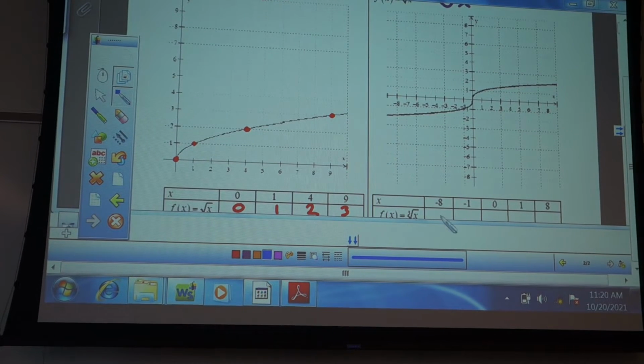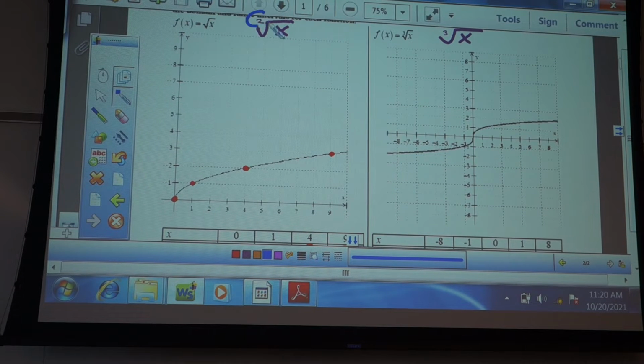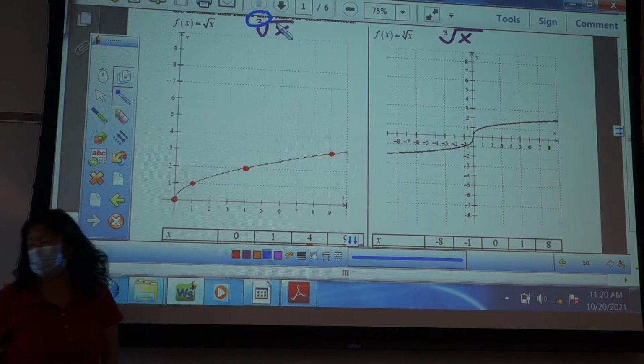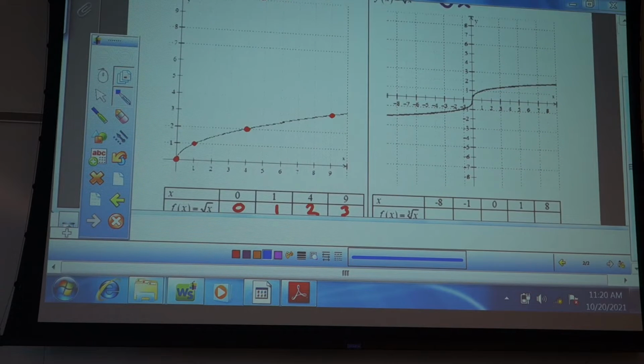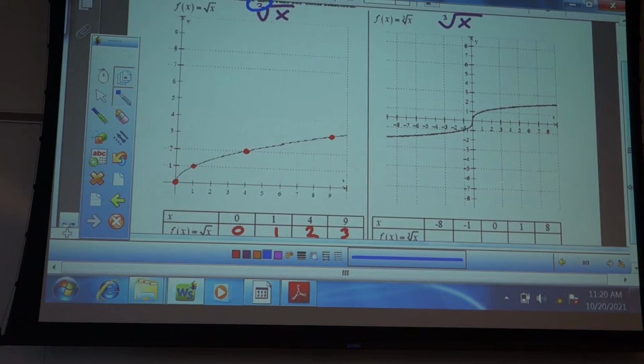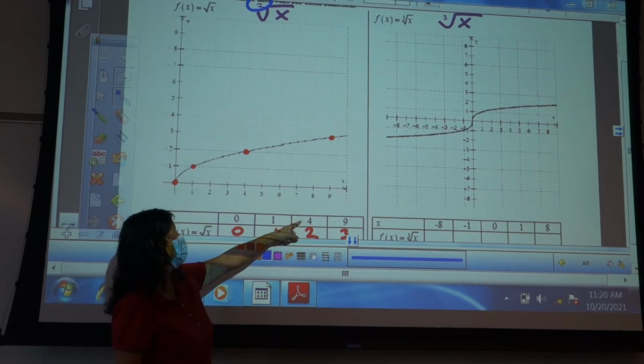What's the cube root? Cube root means you multiply something by itself 3 times to get that number. Square root means you multiply something by itself 2 times to get a number. What do I multiply by itself twice to get 4? 2.